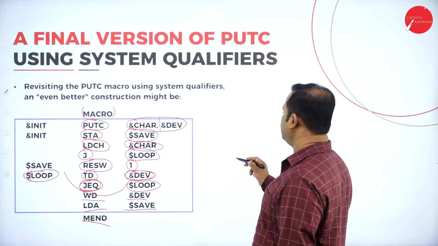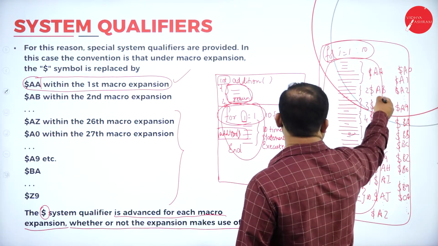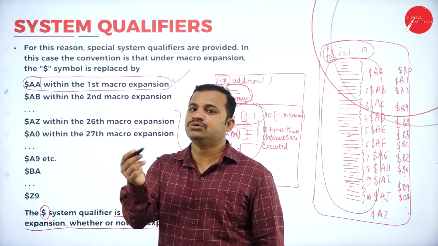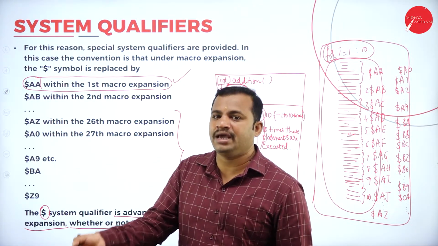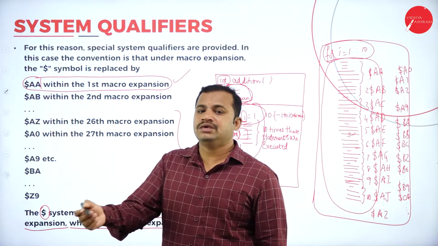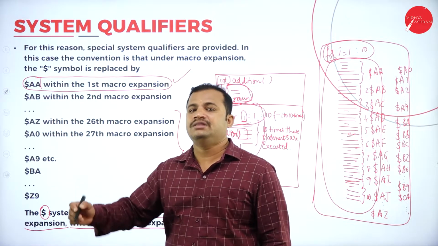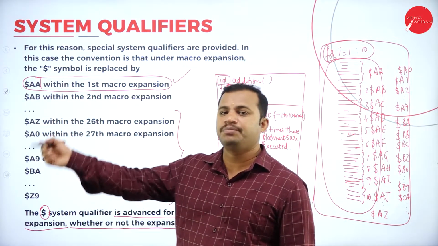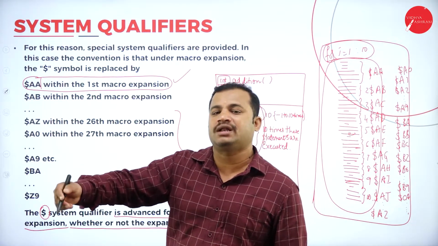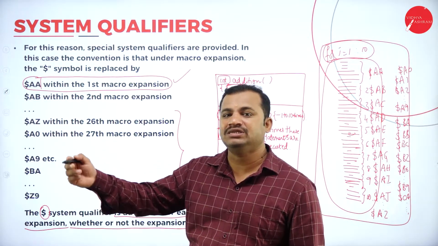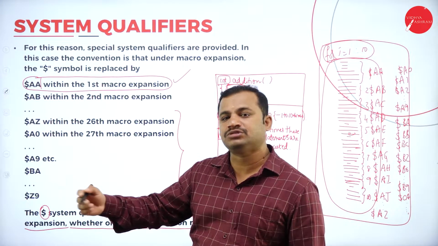So we have the expanded version like this: $AA, AB, AC, and so on up to AZ, then A0, A1, A2, and so on up to A9. Then we have $BA, BB, BC, BD, and so on up to BZ, then B0, B1, B2, and so on up to B9. Then the alphabet comes next, C. So CA, CB, CC, CD, CE, CF, CG, and so on up to CZ.